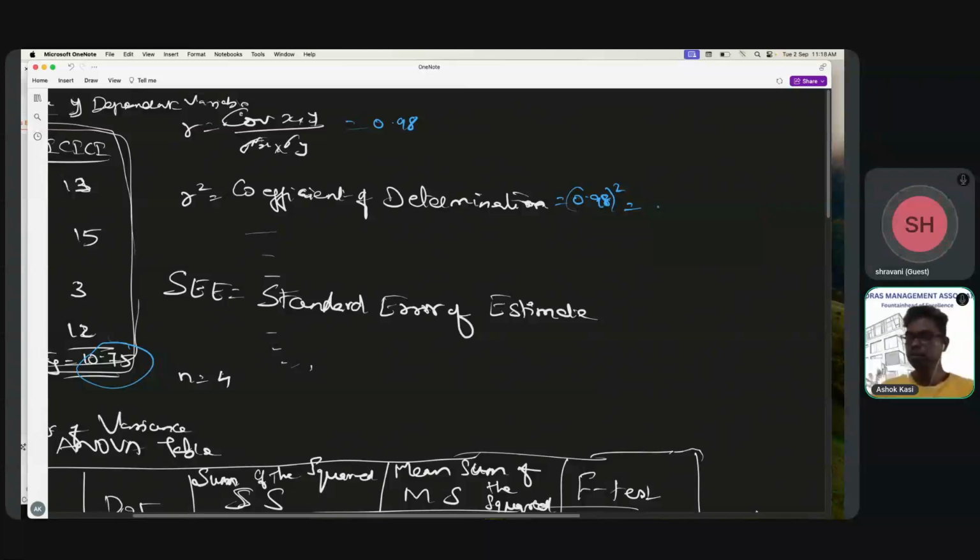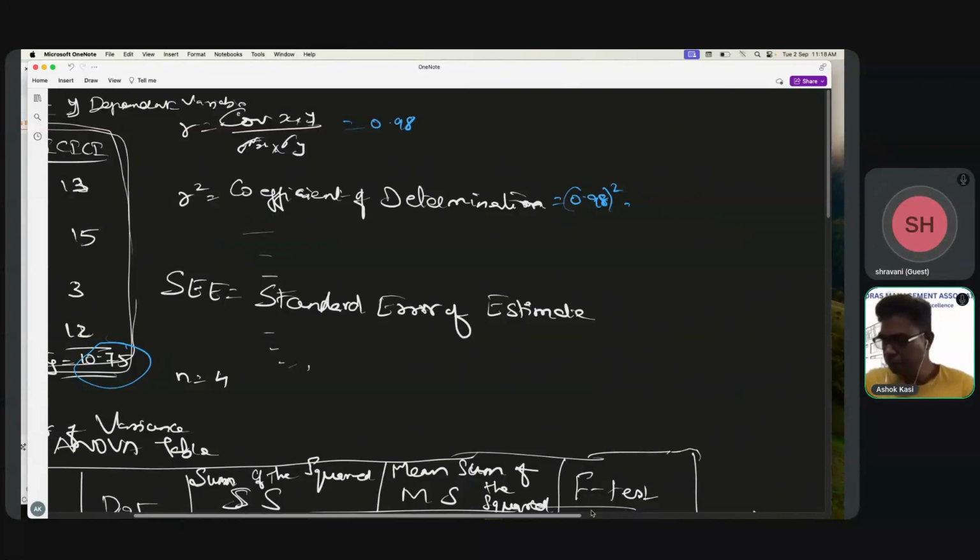Why it is like this, we will see in some time. 0.9604. Now there are other formulas also to calculate this, which is also needed. So you should know that as well. These formulas, we will see now.